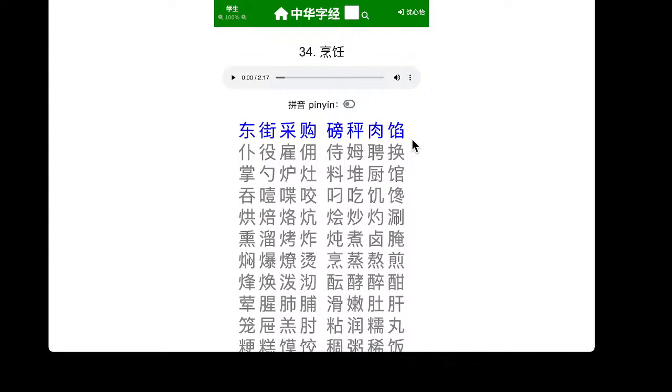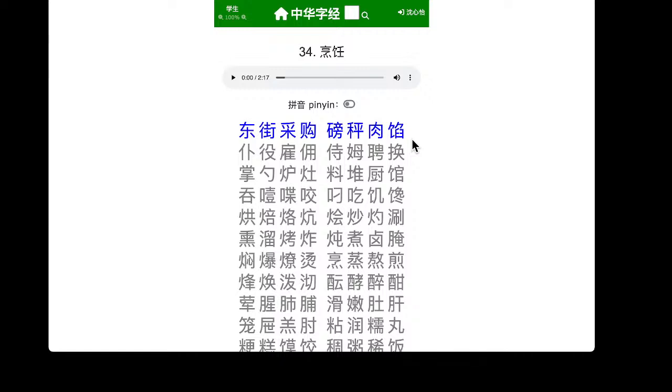Okay, and 磅秤肉馅. 磅秤, that means 磅 is the measure word, right? The unit of measure. Also, it's used as a verb, means weigh. Okay, 秤 is the device to weigh things, right? Also can be used as a verb.